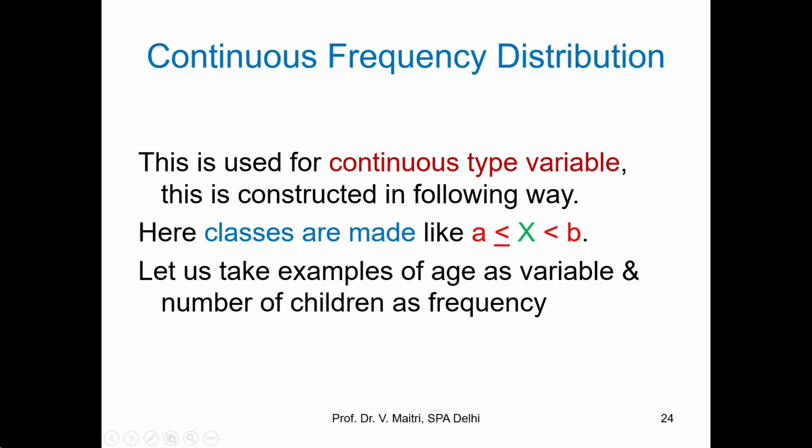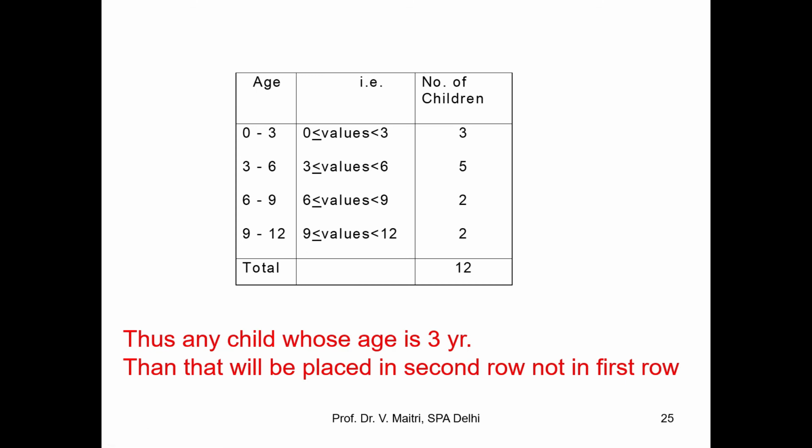The same principle is here, but here the classes are made such that A is the lower class limit, B is the upper class limit, and A is less than or equal to the data value and it is less than B. So let's take the example of age as a variable and number of children as the frequency in this question.